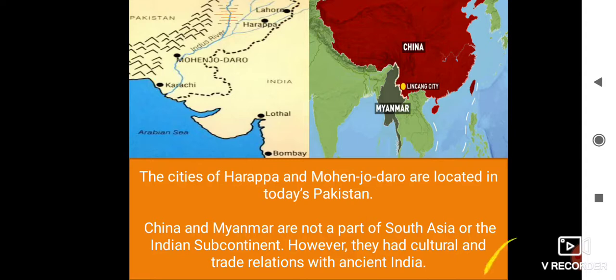The cities of Harappa and Mohenjo-daro are located in today's Pakistan. China and Myanmar are not part of South Asia or Indian subcontinent. However, they had culture and trade relations with ancient India.